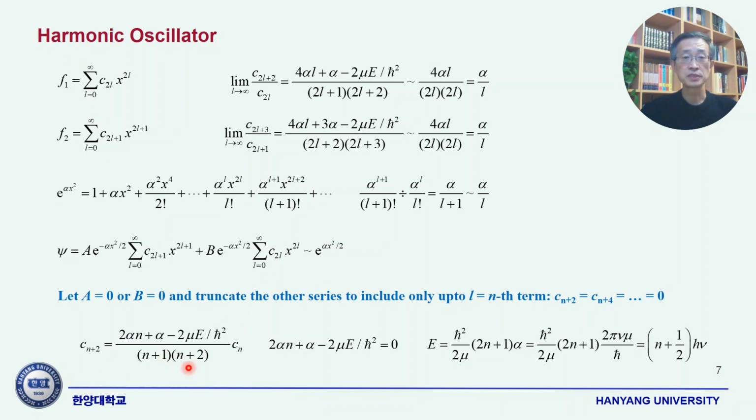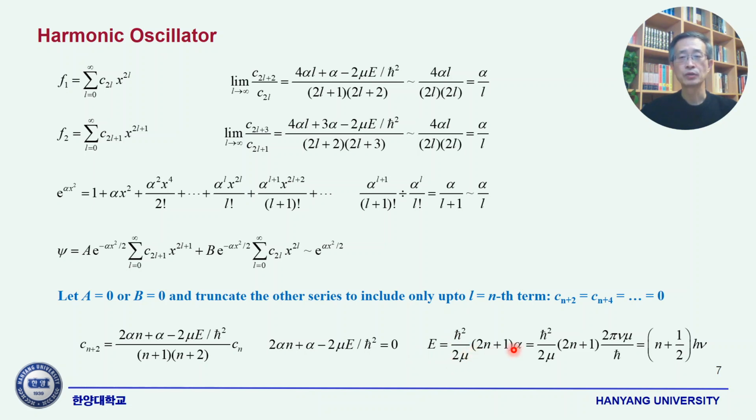So this is the recursion formula. In order to truncate up to the Cn term, the next coefficient must be 0, and then we obtain the energy relationship. E is h squared over 2 mu times (2n plus 1) alpha.